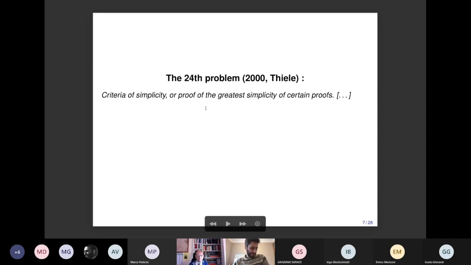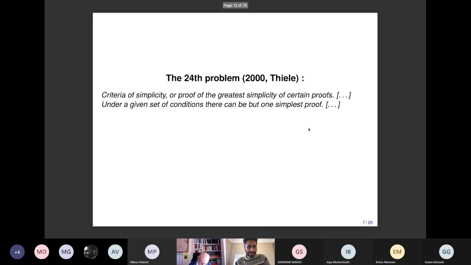Often when you hear mathematicians talk, they say this proof is elegant, is beautiful, is nice. But here the idea of Hilbert was not a matter of taste, it was really simplicity in the sense of simple. So what does it mean?